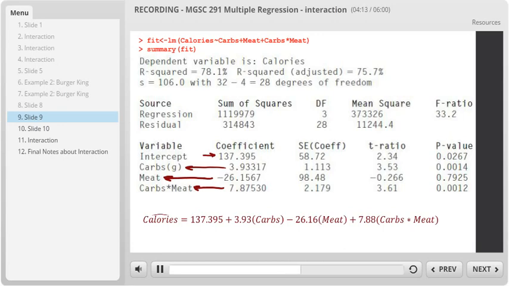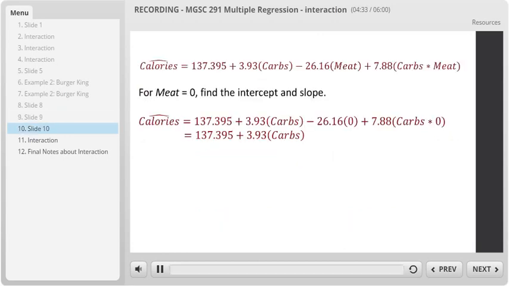So the regression equation for this model is calories equals 137.395 plus 3.93 times carbs minus 26.16 times meat plus 7.88 times the interaction of carbs and meat.